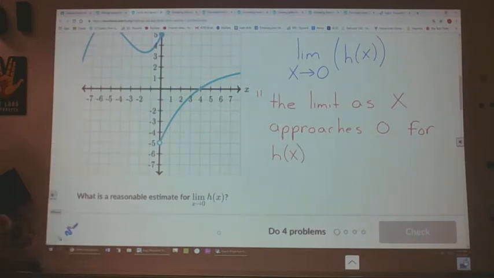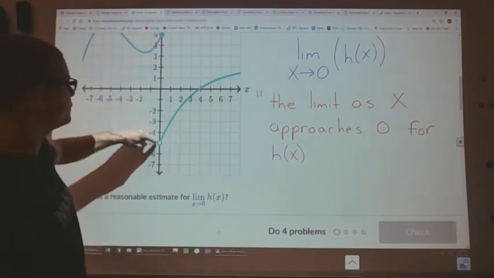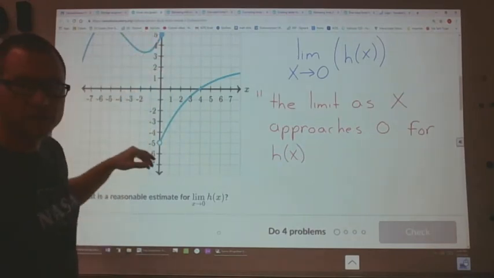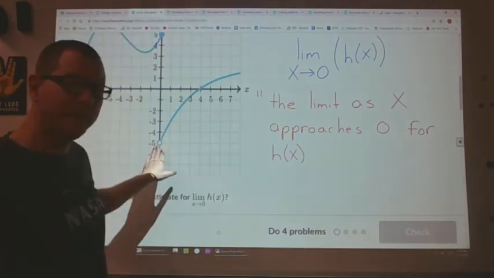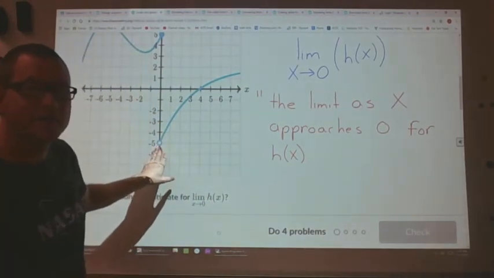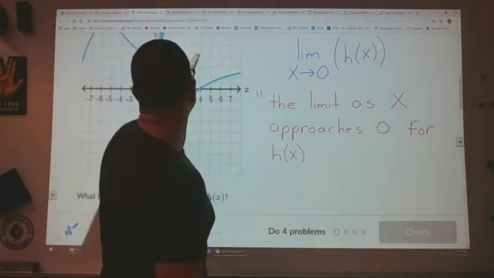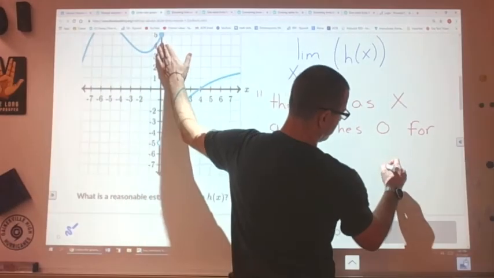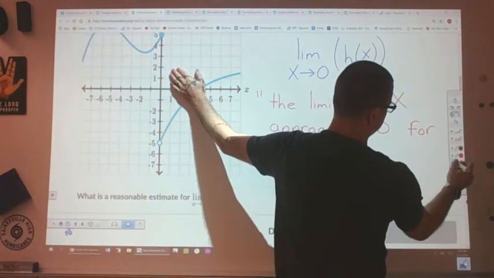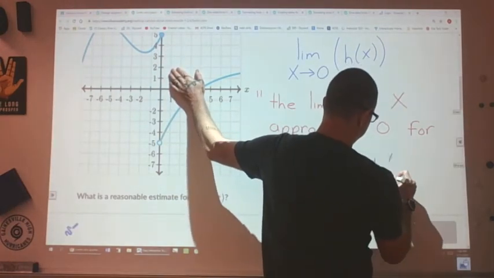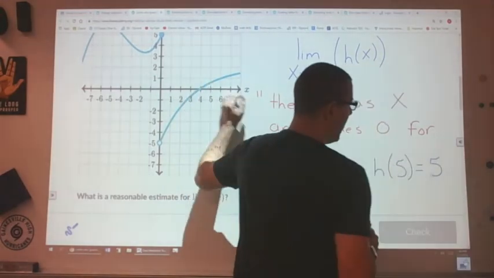So like I said, if I want to know the value at 0, I could just look at 0, but we have two different values there on this graph. One way up at 5, and then one down here at -5. Now, we know the actual value, h at 0.